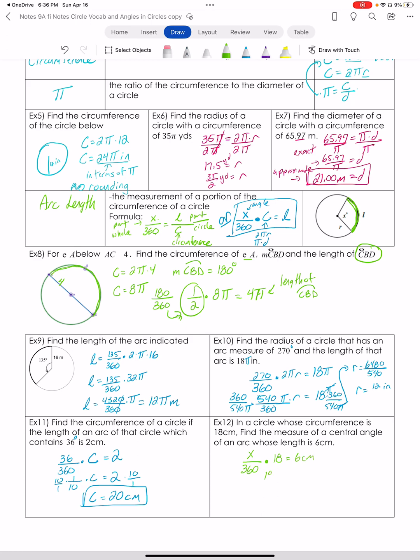So I can write this as 18x over 360 is equal to 6. I multiply by 360 over 18. X is equal to 6 times 360 over 18, which is 20. 6 times 20 is 120. So that's 120 degrees. I'm actually just going to get rid of this formula right here. We just don't need this.